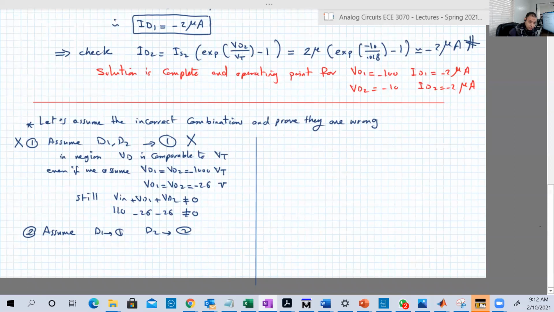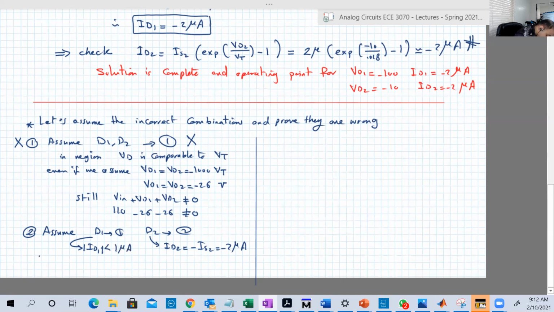If D2 is in region 2, that means ID2 equal to minus IS2, which is minus 2 microamperes. If D1 is in region 1, that means that ID1 is less than, as a magnitude, 1 microampere.